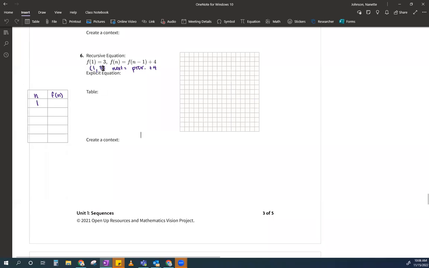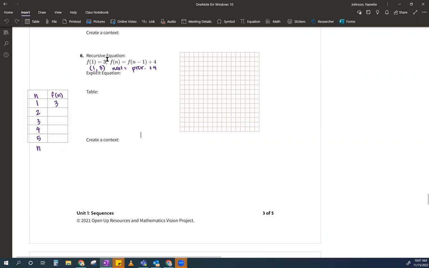F of 1 is 3. Another way of saying this in regular terms is when x is 1, y is 3. So then this becomes my first term. And then here, I'm just going to fill out the rest of these numbers: 2, 3, 4, 5. And then on the bottom, I'm going to put n, so that I can write the explicit equation.